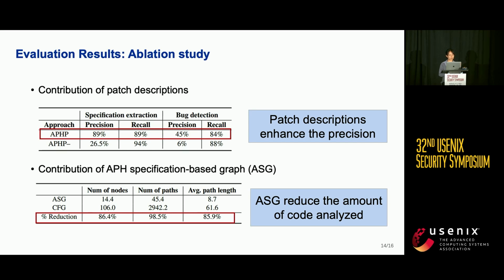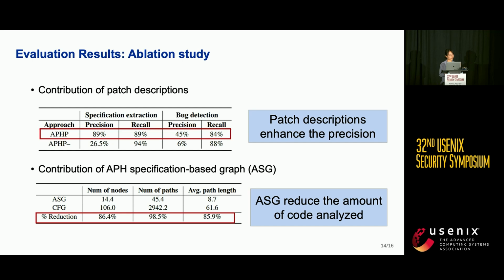The second table shows the contribution of ASG generation. We use metrics like the number of nodes and number of paths to analyze the scale of the CFG and the corresponding ASG. Compared to the original CFG, ASG generation significantly reduces the amount of code analyzed, enabling APHP to scale to large programs.